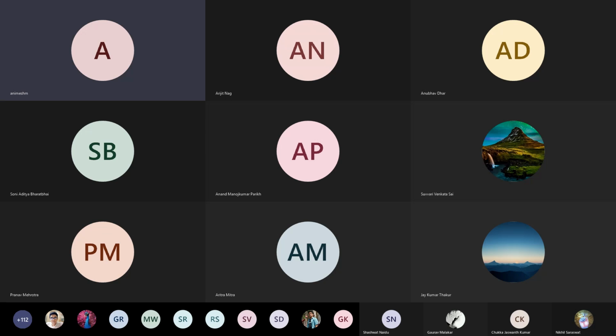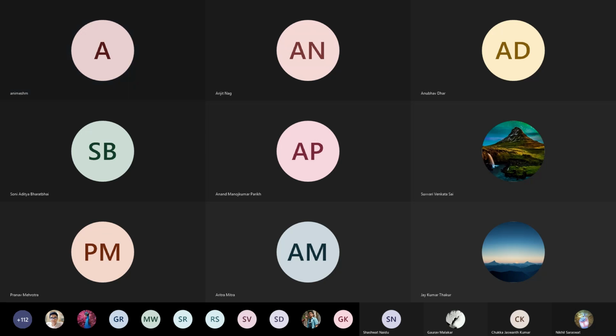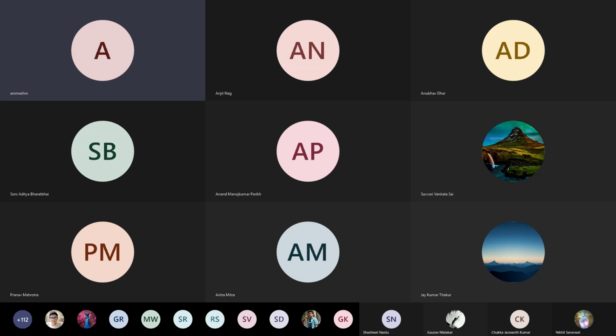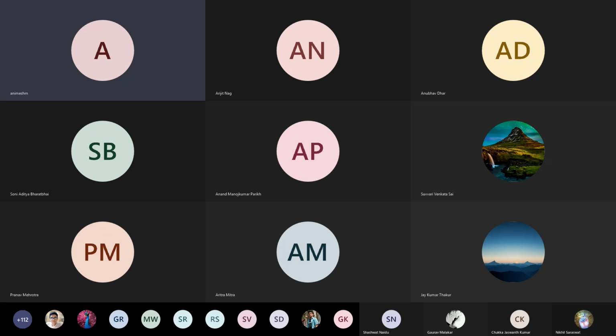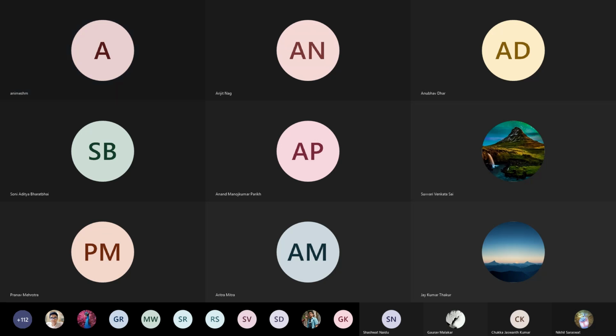There is an arrow icon, the third button, a rectangle with an arrow inside it, just beside the leave button.